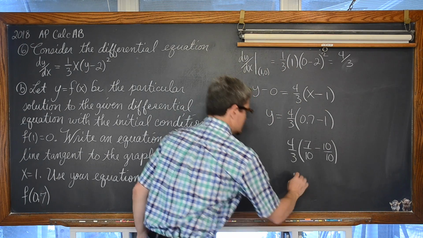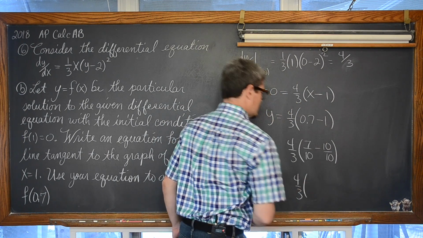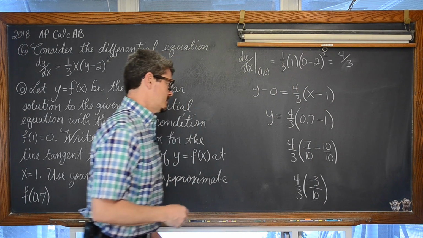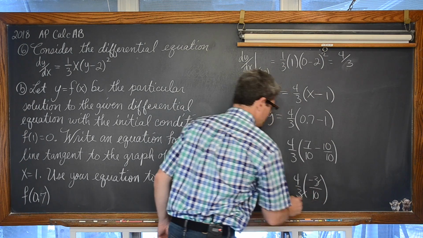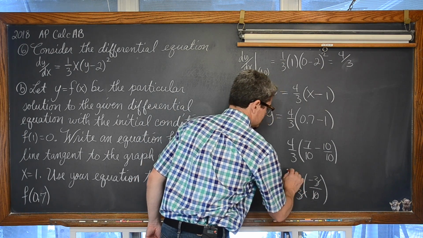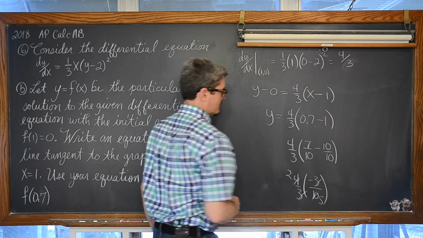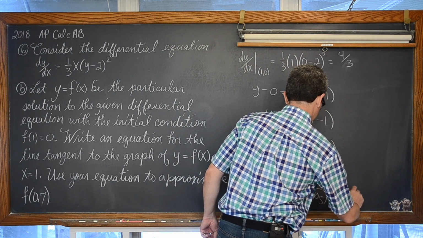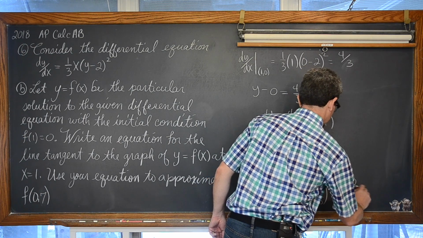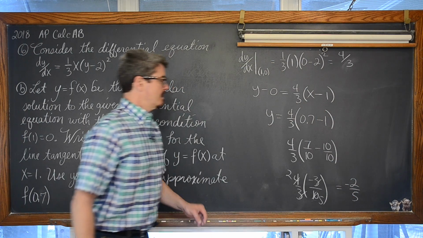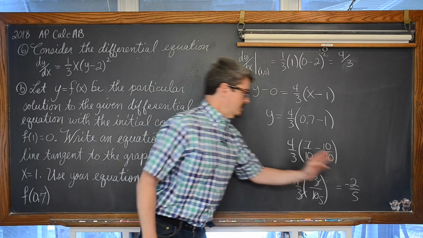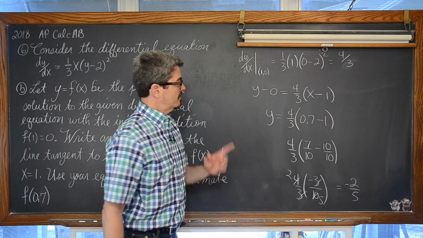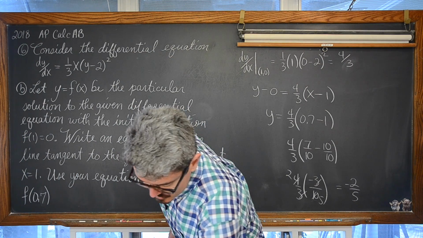Now we're looking at 4/3 times negative 3/10, and the 3's are going to cancel out. The 4 and the 10 are going to cancel out to be 2 and 5. So our final answer is that our approximation is negative 2/5. This is the value that we're getting from our tangent line. It's just an approximation for that f of x function.